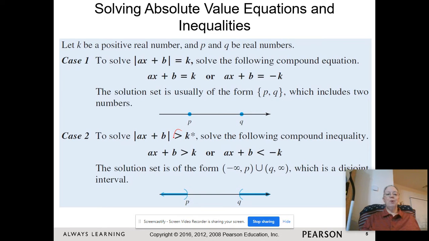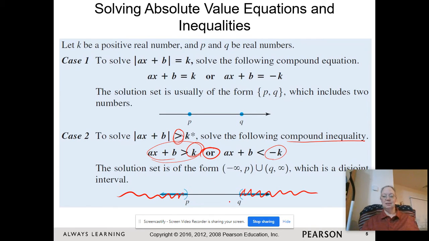When it's greater than or equal to, it's going to be this kind of situation. It's going to be a compound inequality. So we could either be going in this direction, the positive direction, or we could be going in the negative direction like this.